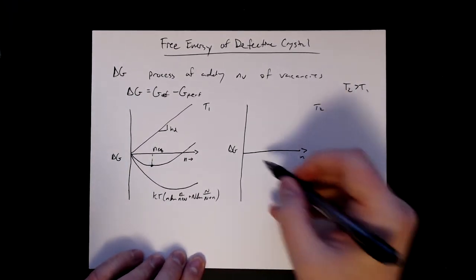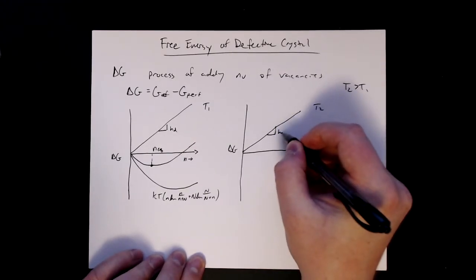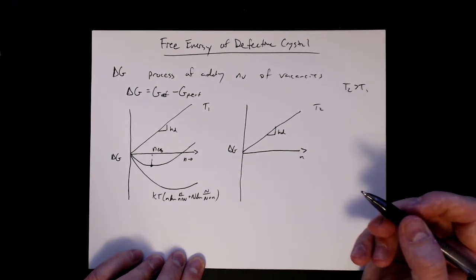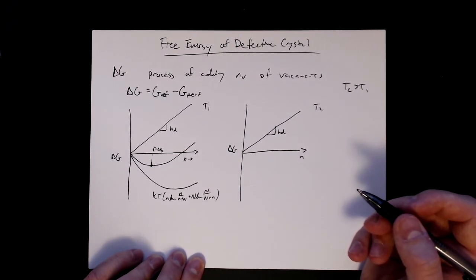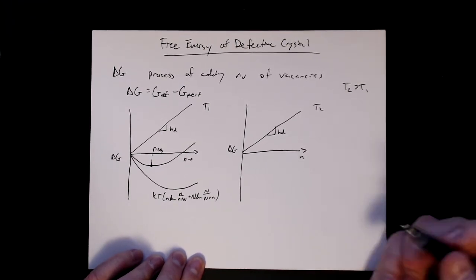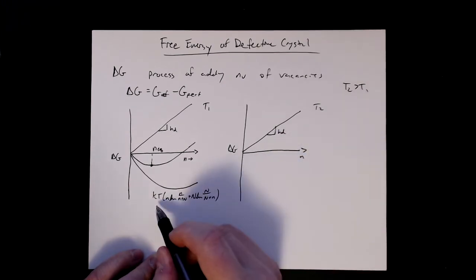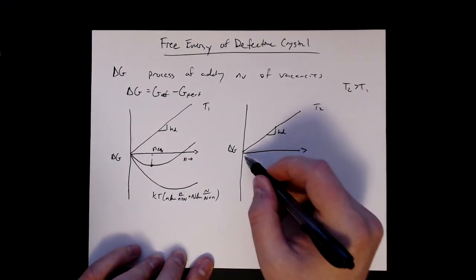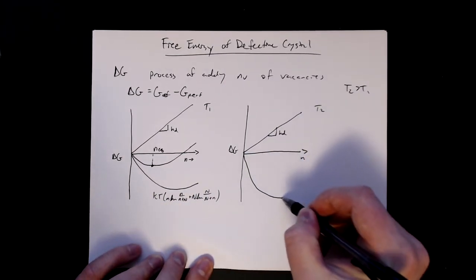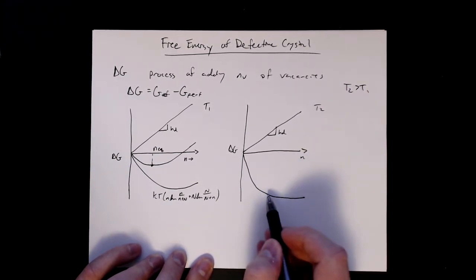And so the enthalpy doesn't change, so that's the same term. However, the entropy term decreases overall, it gets more negative because of the T term here. And so it gets more and more negative, and you get something like this, right? So that's the same curve as what you see over here.